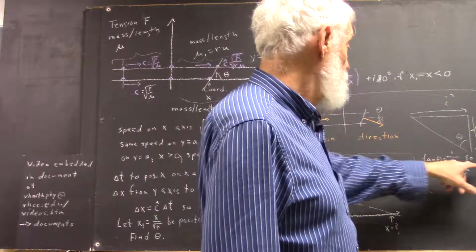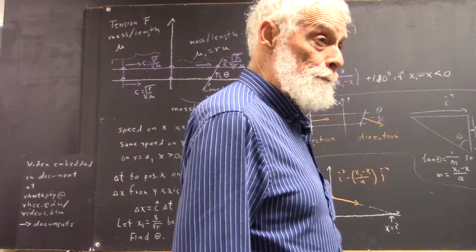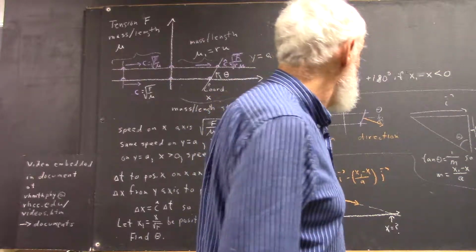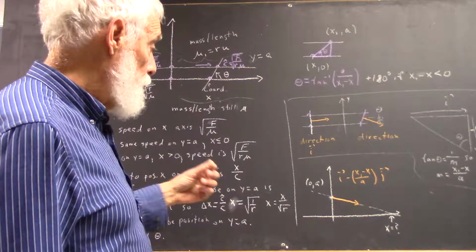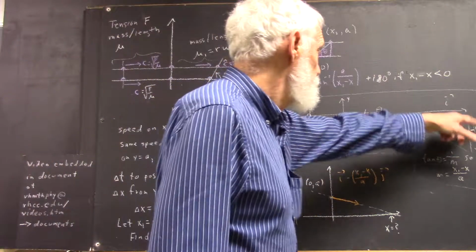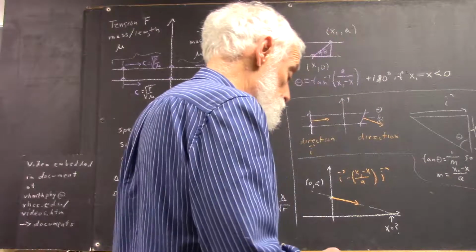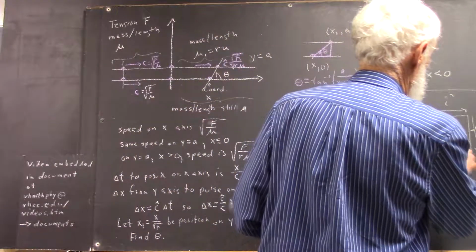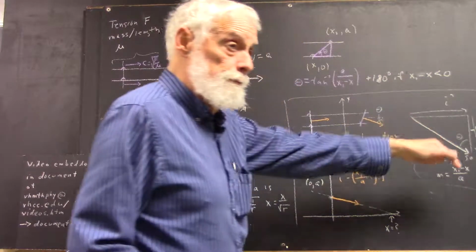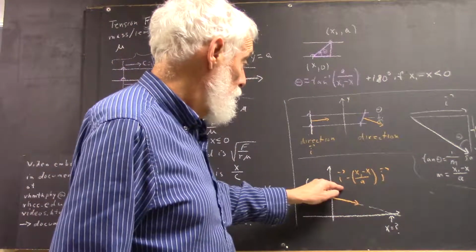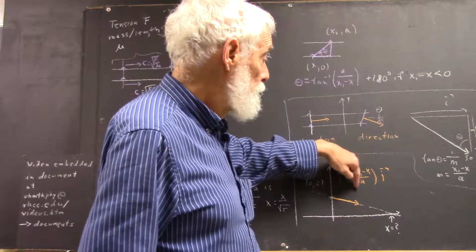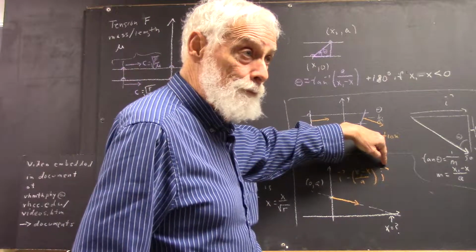So m is going to be x1 minus x over a. Then this resultant vector, the vector in the direction perpendicular to this, is i minus (x1 minus x over a) times j.